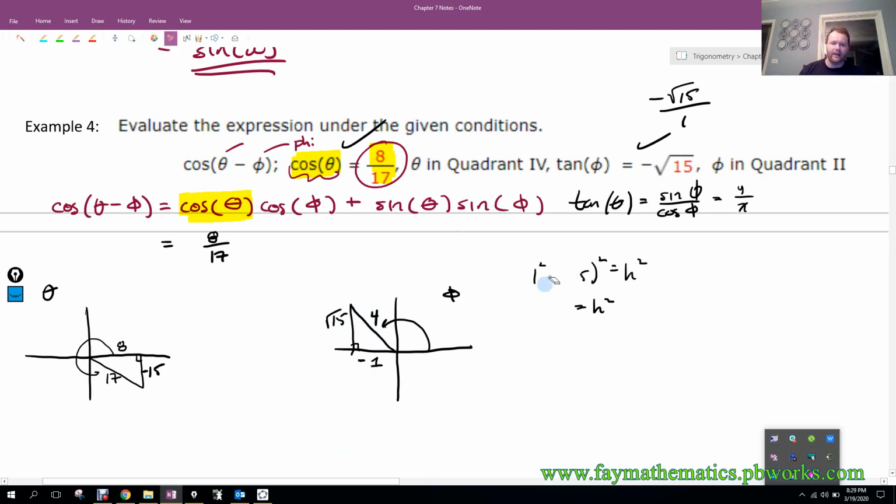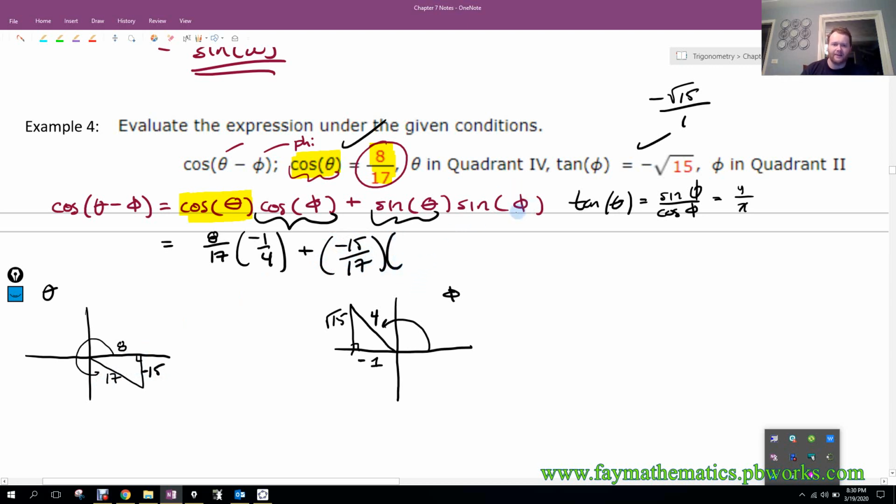Okay. So why do we have to do that? Because now with those triangles and that information, we should be able to figure out what cosine of phi is. Come over here, cosine of phi is the adjacent side divided by the hypotenuse. So this thing here becomes negative 1/4. Okay? Plus then sine of theta. Well, sine of theta, come over here. Opposite over hypotenuse. So negative 15/17 times sine of phi. Well, phi here, opposite over hypotenuse.